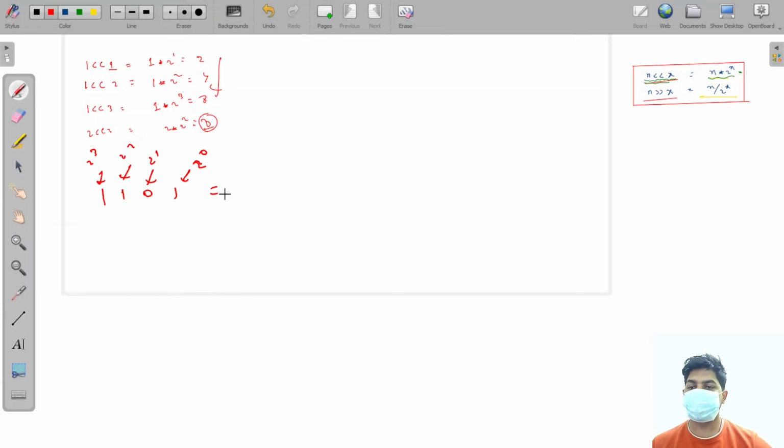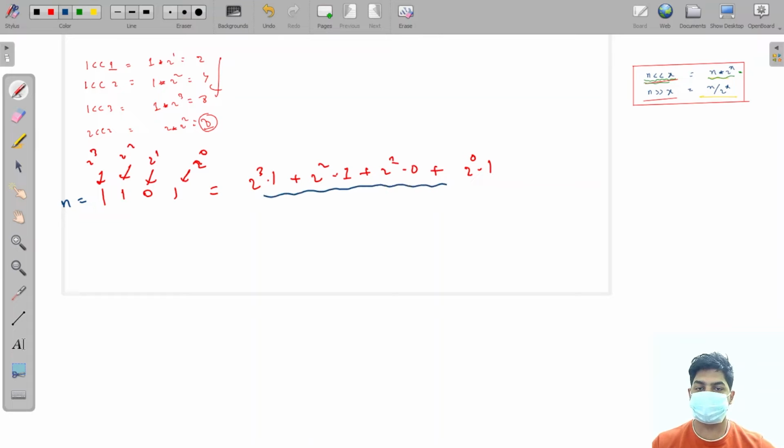So in decimal it will be 2 raised to power 3 into 1 plus 2 raised to power 2 into 1 plus 2 raised to power 1 into 0 plus 2 raised to power 0 into 1. Let's suppose this number is n.